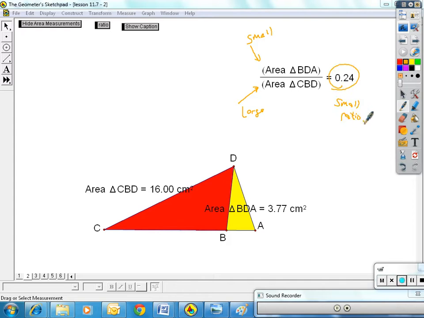Okay, now think about it always practically as well. That means that if I took this red triangle, 24% of it is the same as the yellow. You can think about it like that.